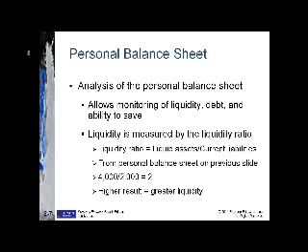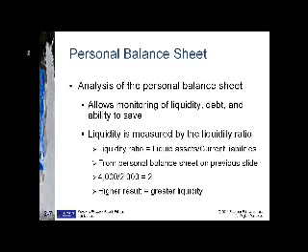With a liquidity ratio, you're basically dividing your liquid assets by your current liabilities. And this is going to tell you what your ability is to cover short-term debt. So in Stephanie's case, she had $4,000 in liquid assets. She had $2,000 in current liabilities. And when you divided the liquid assets by current liabilities, you got a liquidity ratio of 2.